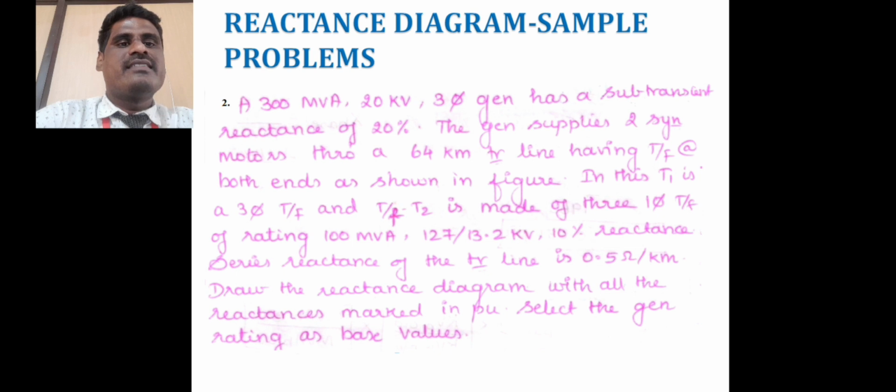Transformer 1 is a 3-phase transformer and transformer 2 is made up of 3 single-phase transformers. The rating is 127 kV/13.2 kV with 10% reactance. Finally, using all those values, we can draw the reactance diagram.